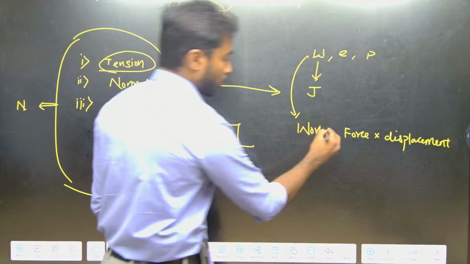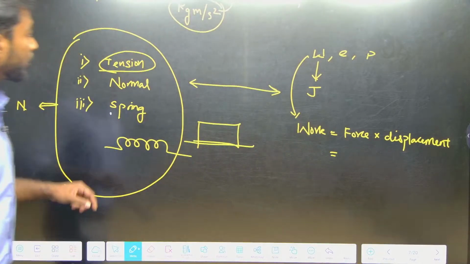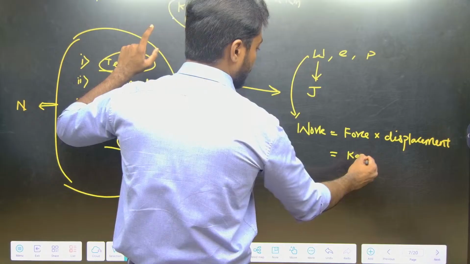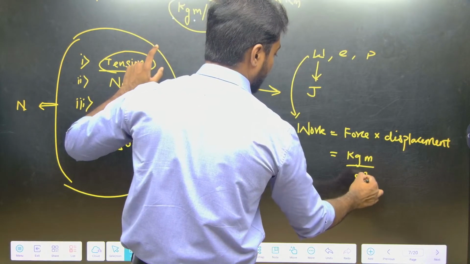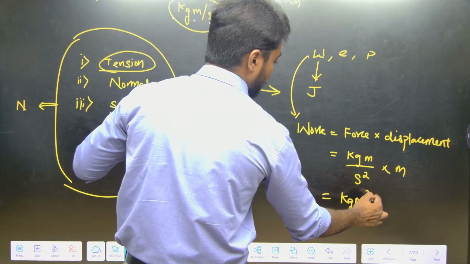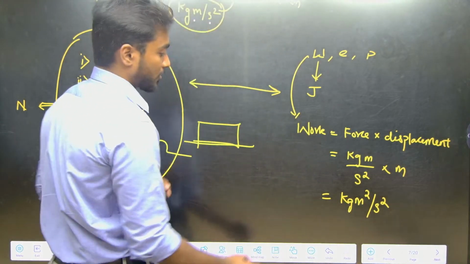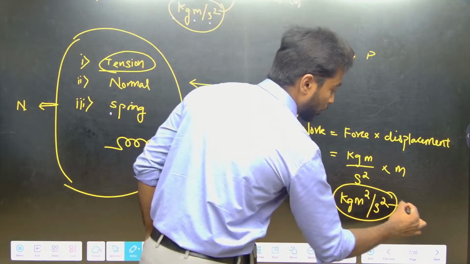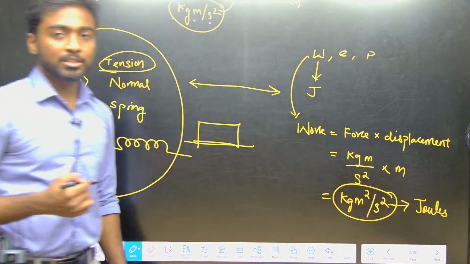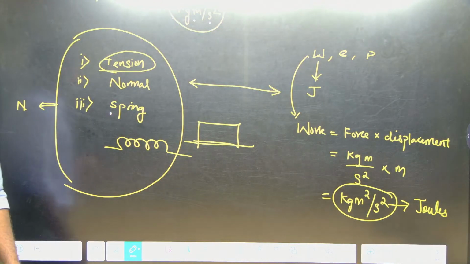So what is force? We have got here kg meter per second square. Kg meter per second square into meter is nothing but kg meter square per second square, which is called joules. Okay, done.